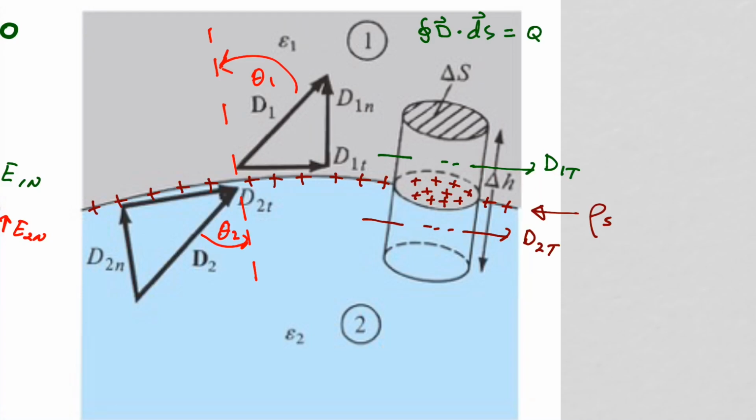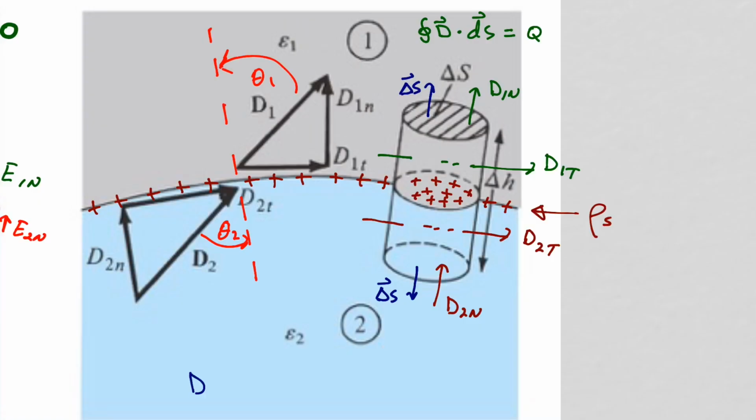When we integrate D dot dS over the top here, the outward direction of the surface is in the same direction as the normal component of the electric flux density field. So the integral of D dot dS over the top will be D sub 1 normal times delta S.